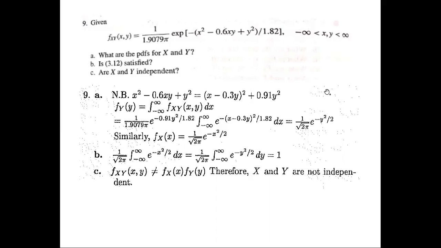That is also possible because this is a symmetrical equation. So it is equal to this, as well as y minus 0.3x whole squared plus 0.91x squared.